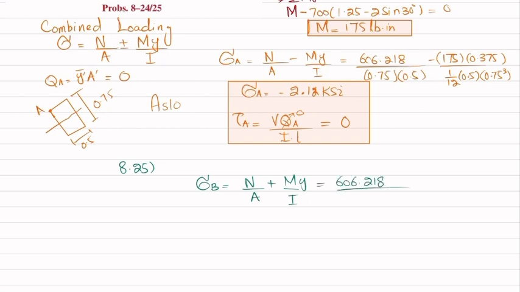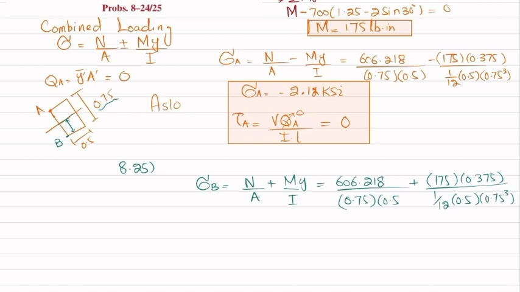606.218 divided by the area, which is 0.75 into 0.5, plus the moment, which is 175, and you can see that this is point B. The distance from the neutral axis to B is 0.75 divided by 2, which is equal to 0.375, divided by I, which is 1 over 12, 0.5 into the height 0.75 whole cube.